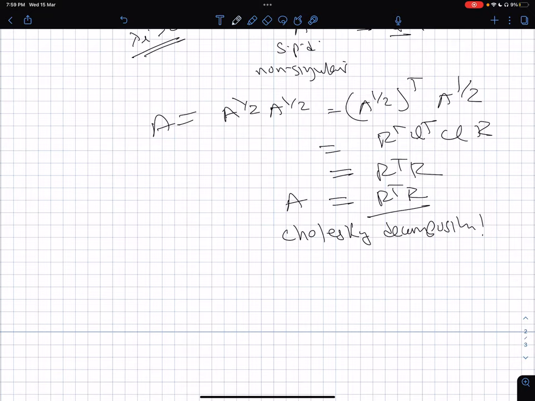So this is both necessary and sufficient to prove that A is SPD. Because if A is SPD, this happens.